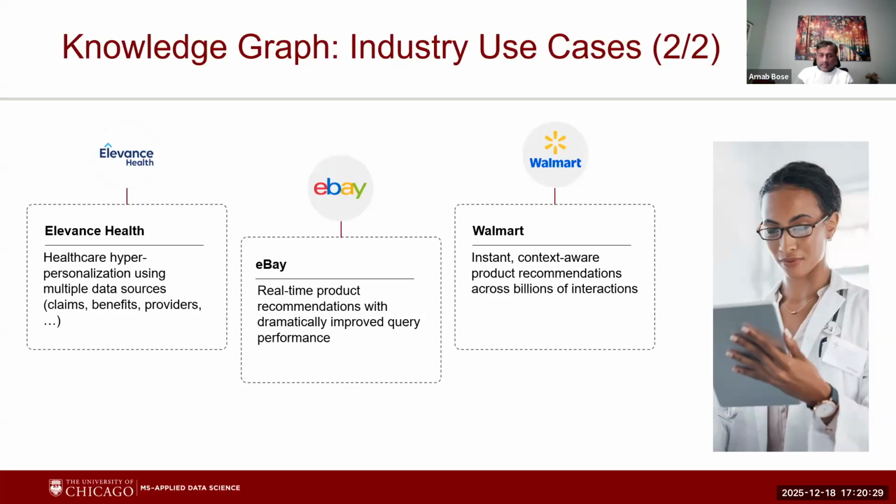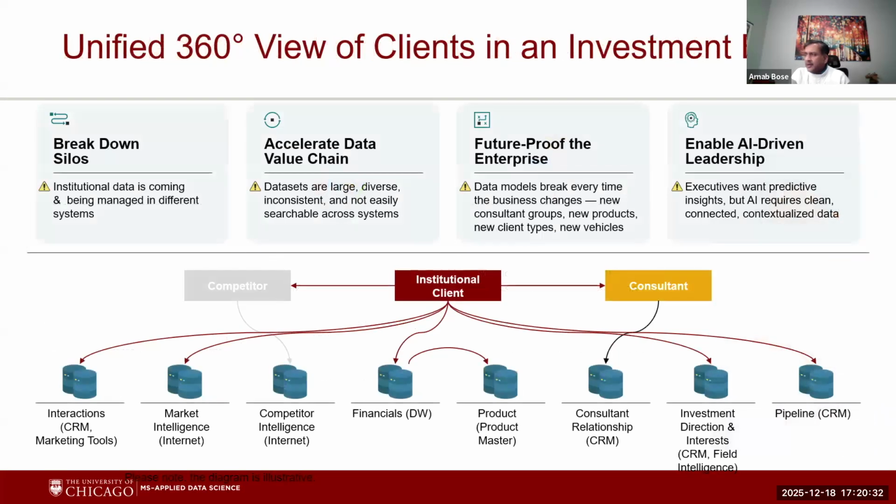Okay. I think the last thing in this section is that if you think of a client in an investment bank, that client has a consultant from the bank, and the different ways that a knowledge graph within the bank can help is that now you can have a 360-degree view of the client in terms of how many interactions different consultants in the bank have had with that client.